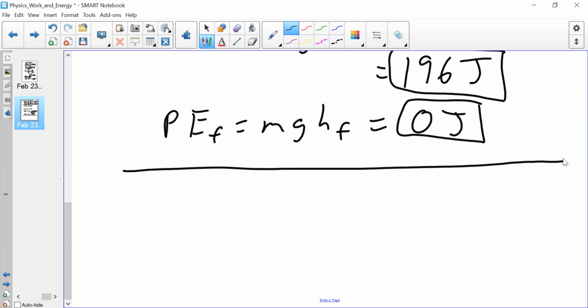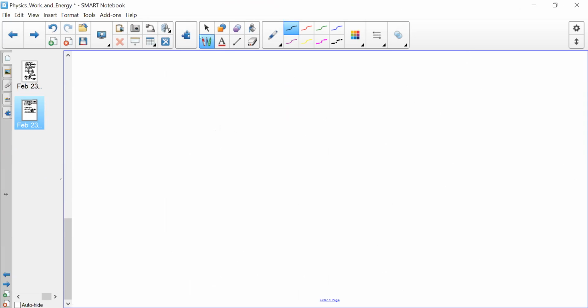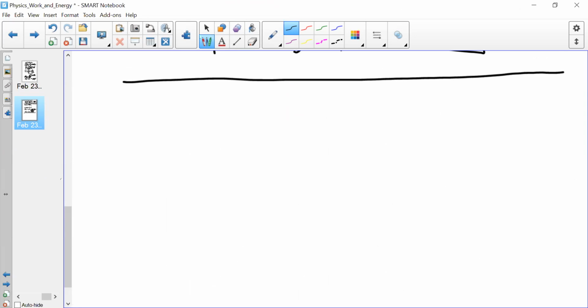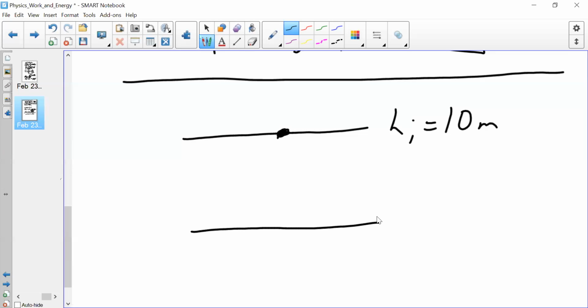Let's drop the object. So object dropped, hi equals 10, go all the way down to h final equals 0. In this situation, we notice 2 things.